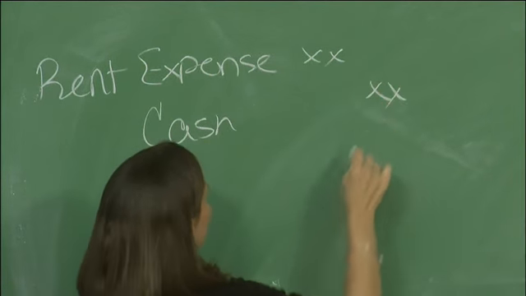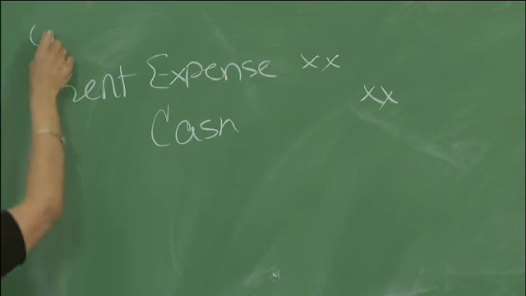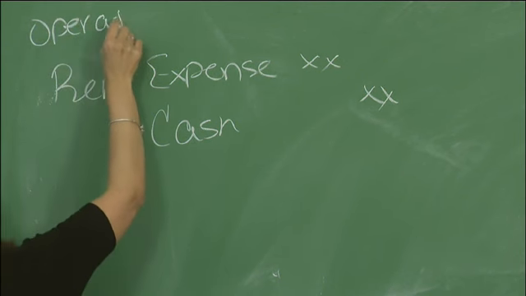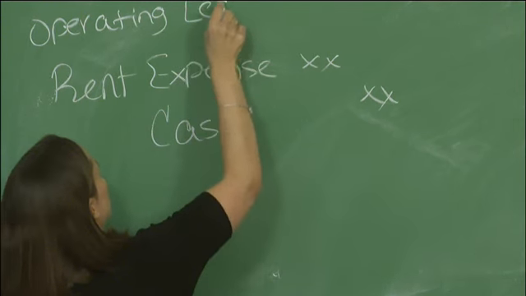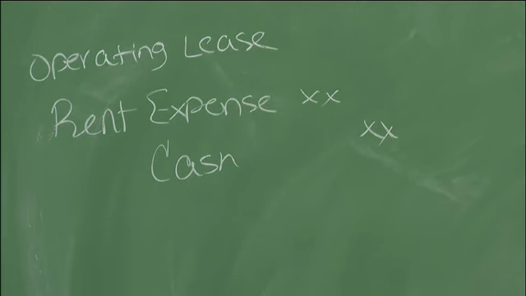If the cash came first, again, you'd debit prepaid rent, credit cash, and then you'd record rent expense and decrease your prepaid rent. So this rent expense is just going to be the amount of expense that you record each year and the amount of your lease payment.